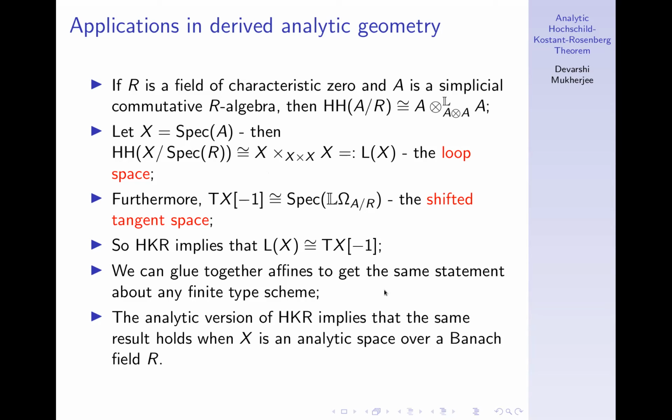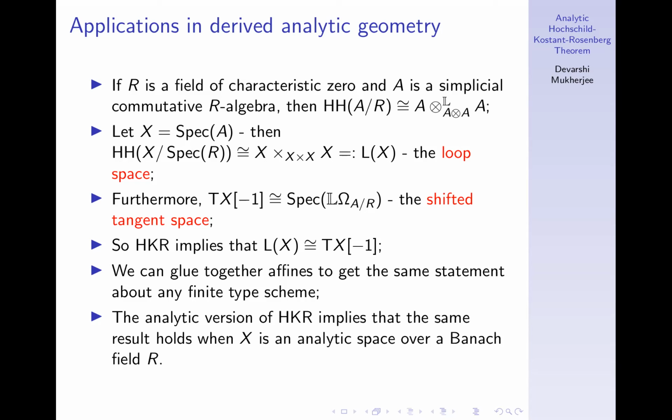So the HKR theorem says that the free loop space on, let's say, the spec of a ring is the same thing as the tangent space shifted by 1. Then there is some complicated work that can be used to show that you can globalize this. You can glue together affines to get the same statement, not just about schemes, but also stacks.